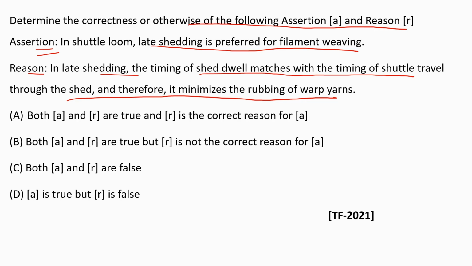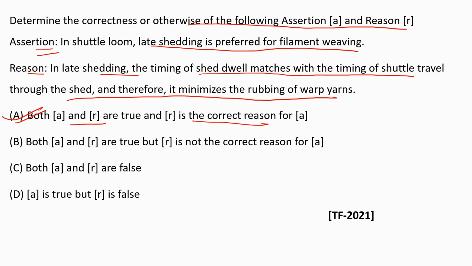So this is the correct reason. If you talk about the correct option, it is option A: both assertion and reason are true, and R is the correct reason for A. So option A is the correct answer.